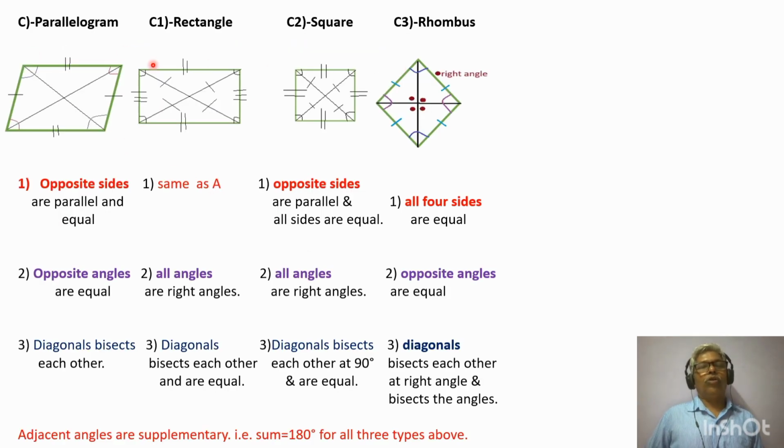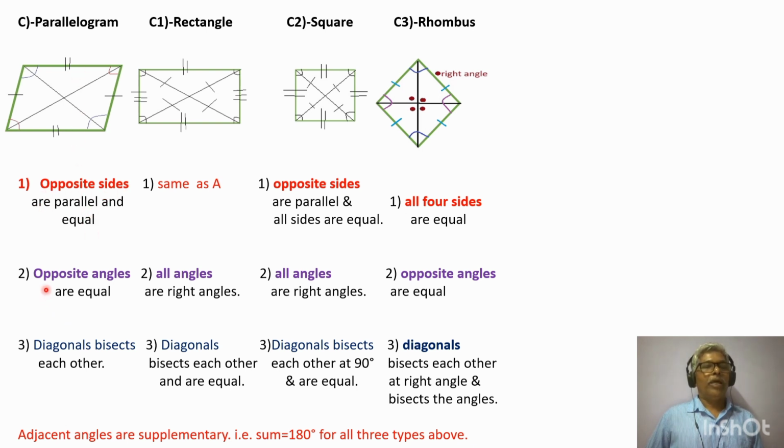This has also been covered in a previous video. This is a parallelogram. These are the conditions of parallelogram, and these are the particular parallelograms, special parallelograms as we can call them. Parallelogram means the opposite sides are parallel and equal.